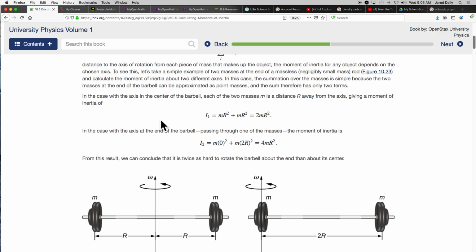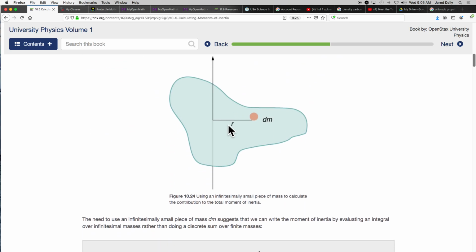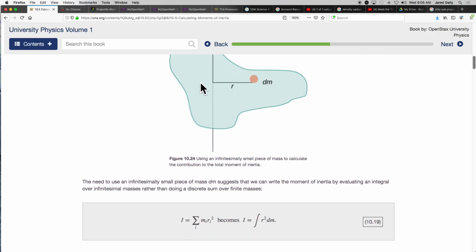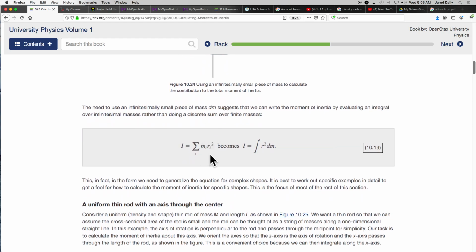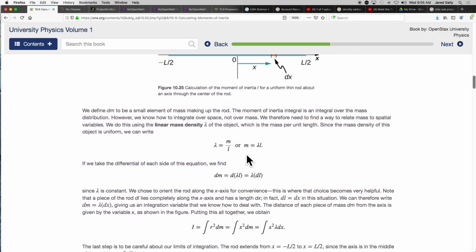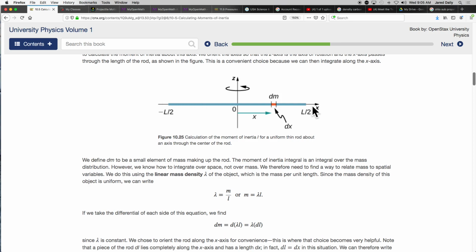And if you have multiple objects all measuring the moment of inertia from the same point, then you can just add them all up separately. And of course, if you have an infinite number of infinitesimally small objects, you can use an integral to do that. And we did that for the thin rod.